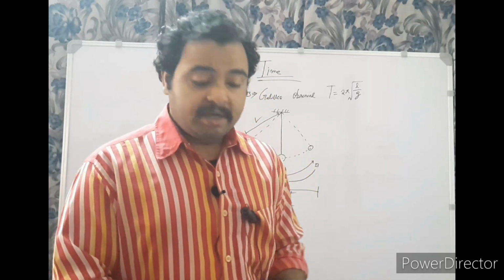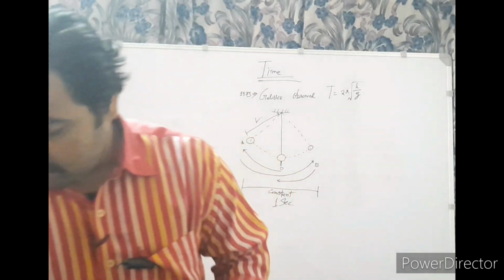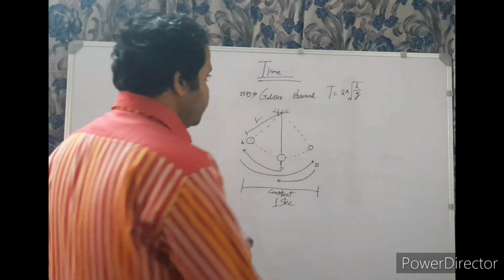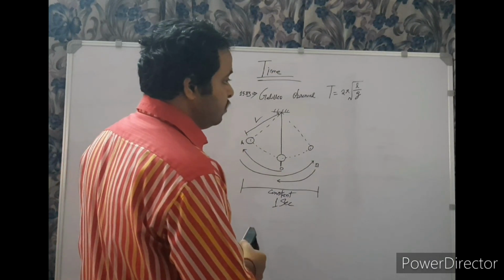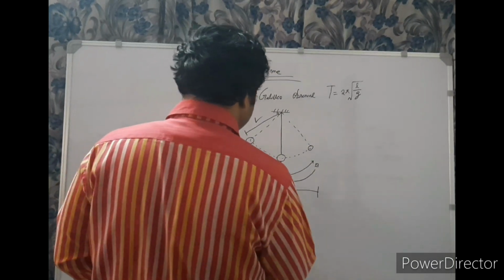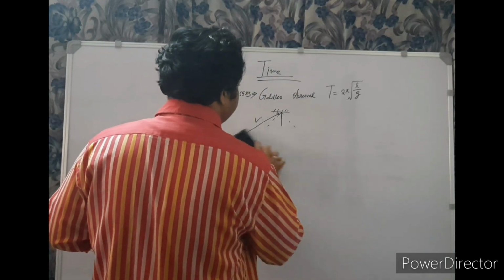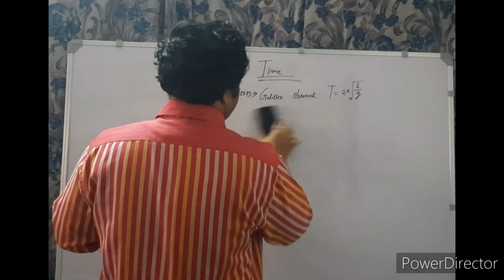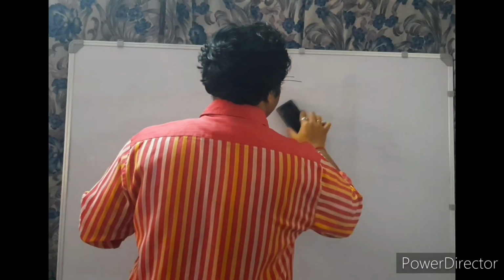So it will be very problematic, it will be unscientific. So this theory proved to be useless. So the scientists and physicists tried to figure out another way to measure time.